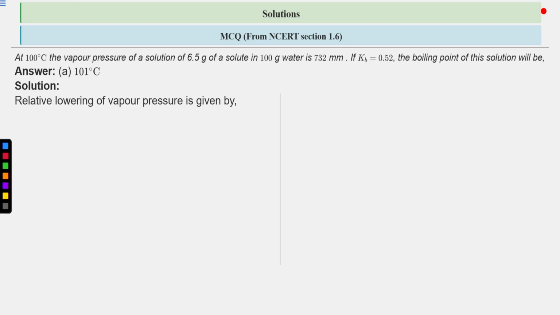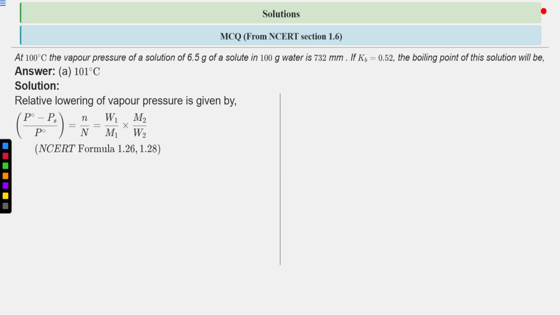Now, the relative lowering of vapor pressure, if you write it, will be given by P naught minus Ps upon P naught, which is equal to n by N. You can also write it as W1 by M1 times M2 by W2. This is the equation, the NCERT formula marked as 1.26 and 1.28 in our NCERT textbook in the solutions chapter.